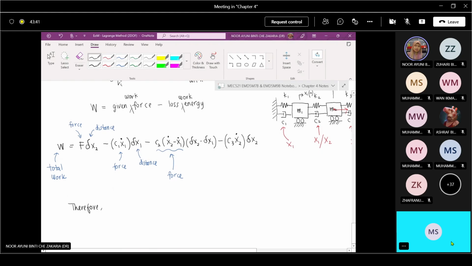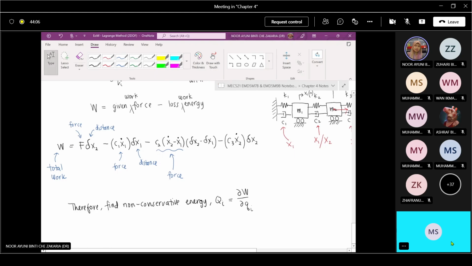Once you have the total work, therefore, find the non-conservative energy Q. Remember, it is a partial derivative of the total work against the displacement.